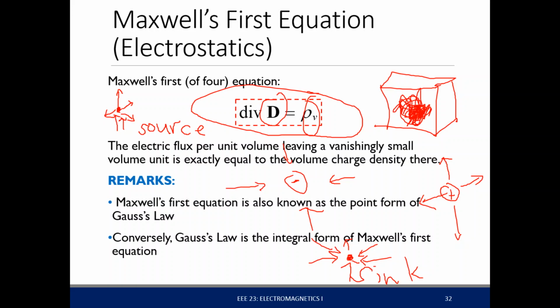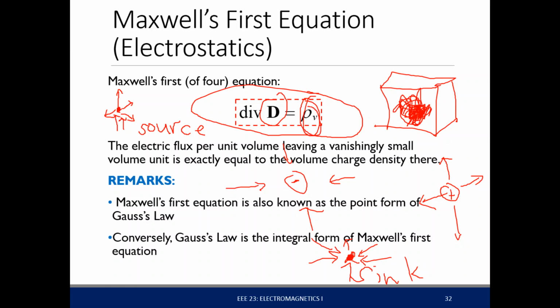It absorbs more than what it's blowing out. So that means there's a negative volume charge density at that point, or basically the divergence is less than zero.